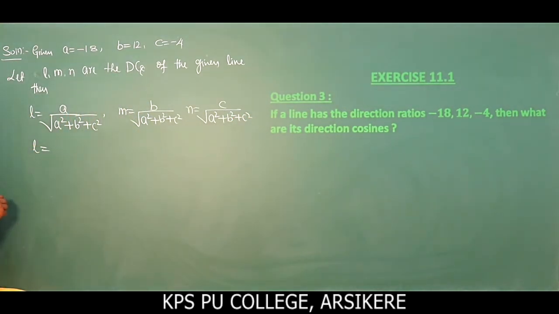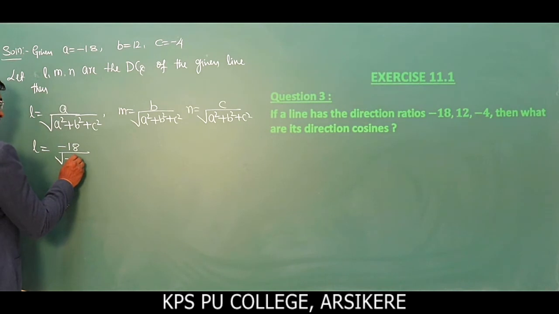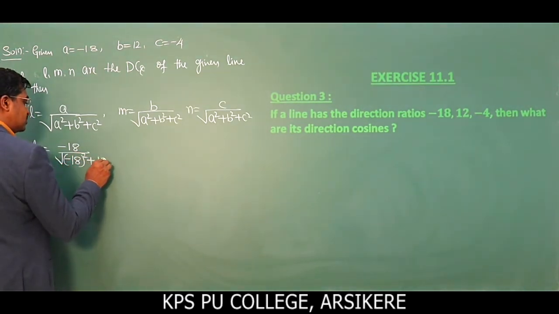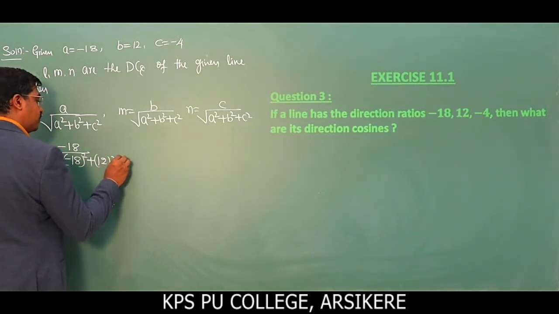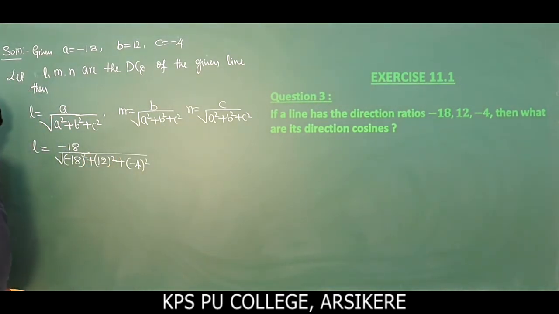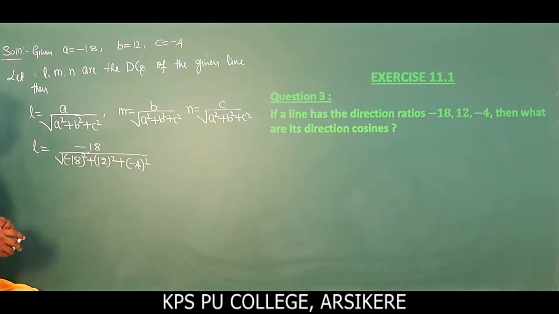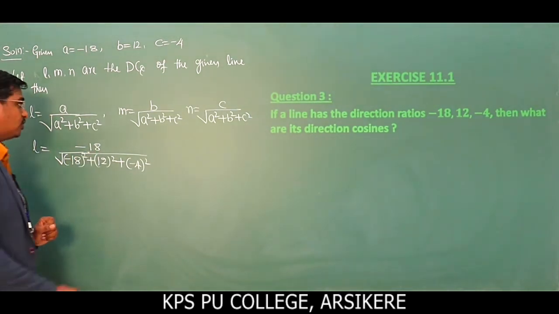L is equal to minus 18 divided by root of minus 18 whole square plus 12 square plus minus 4 whole square.